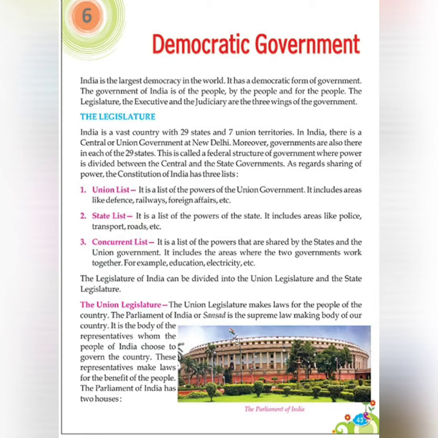First, the Union List. It is a list of powers of the Union government. It includes areas like defense, railways, foreign affairs, etc. After that, the State List.